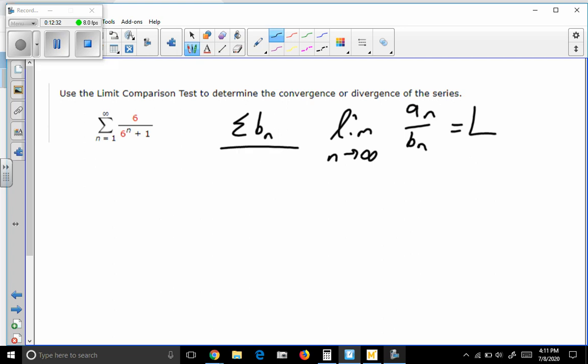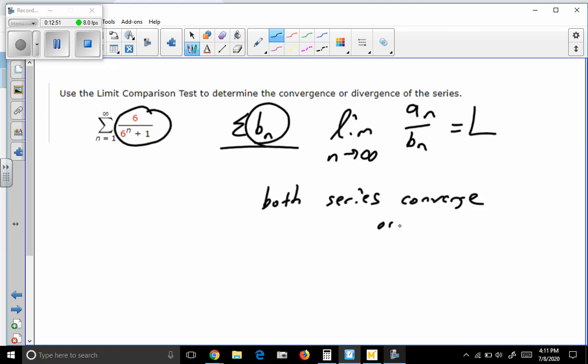We're going to have to find a different one. But if this sequence divided by this sequence has a limit that exists as n goes to infinity, then both series either converge or both series diverge. So both converge or both diverge.